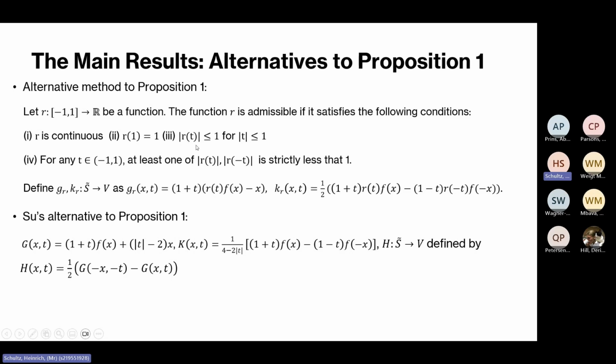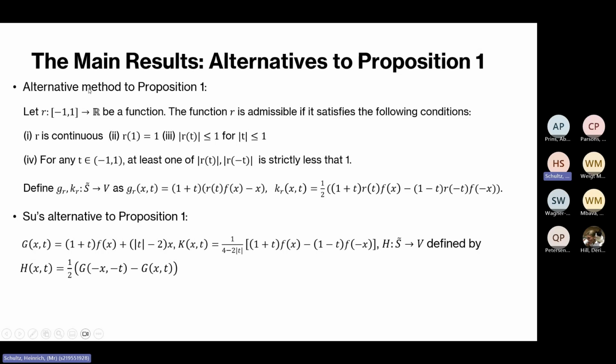The absolute value of R of t is less than or equal to 1 when t is between -1 and 1. And then for any t within the open interval (-1, 1), at least one of the absolute value of R of t or the absolute value of R of negative t is strictly less than 1.